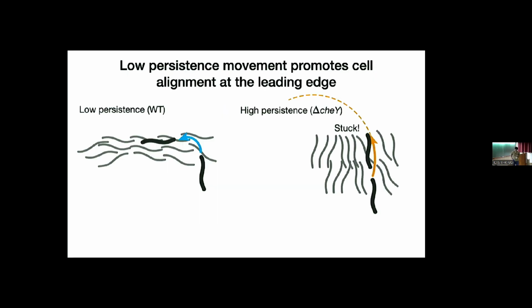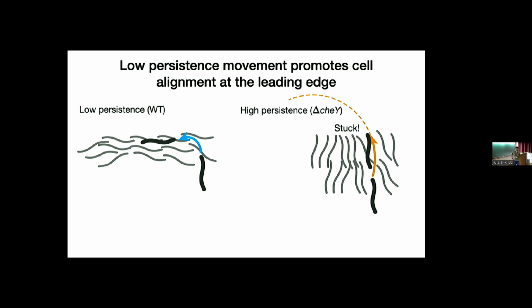Okay. This result and the orientation at the leading edge suggest that the low persistent movement promotes cell alignment at the leading edge. This is just an idea. So trailing cells come here. In the case of wild type, it shows frequent turning like this and goes back.